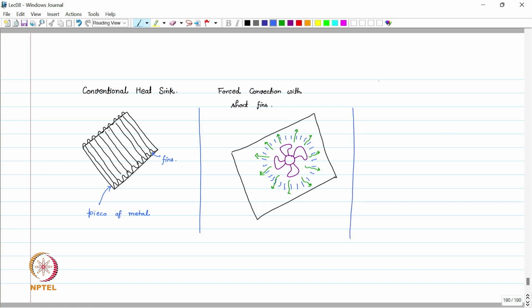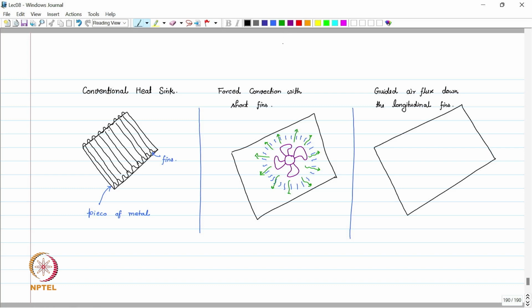And let's say the third one is the guided air flux. So in this type of heatsink application, we have a PCB where all the electronic circuits are there, and we need to remove the heat from them.